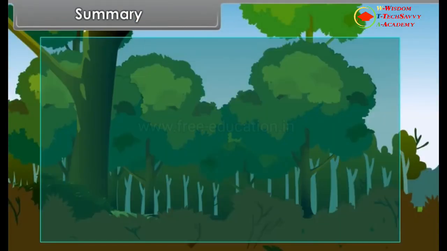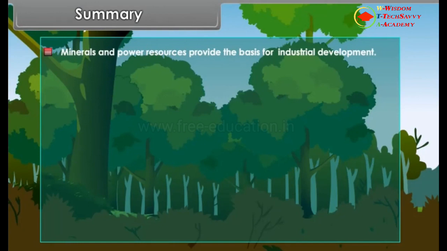Summary: minerals and power resources provide the basis for industrial development. Minerals are of two types: metallic and non-metallic.